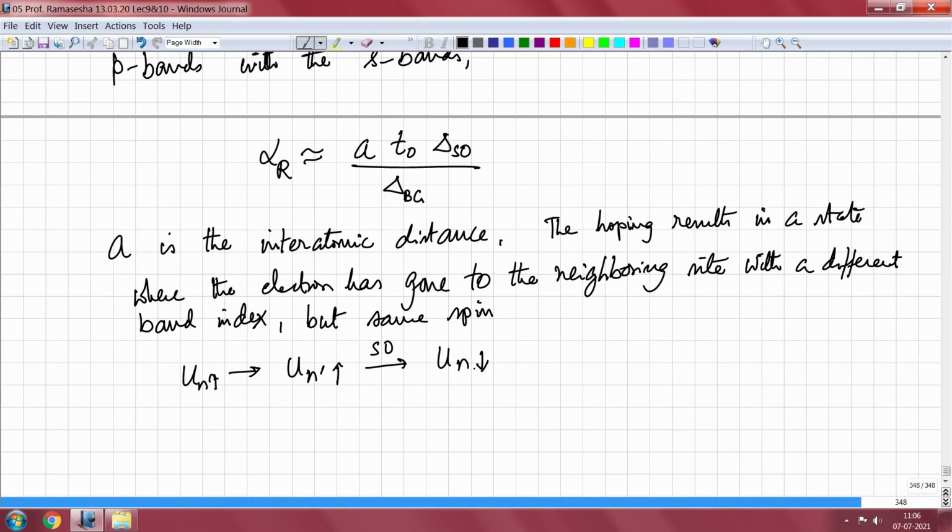Okay, and this one has an amplitude T naught, and T naught contains the field E naught times a matrix element, and the other one, this amplitude is actually delta spin orbit interaction. So the spin orbit flips the spin from up to down and also changes the orbital index, because it is actually a spin and orbit interaction.